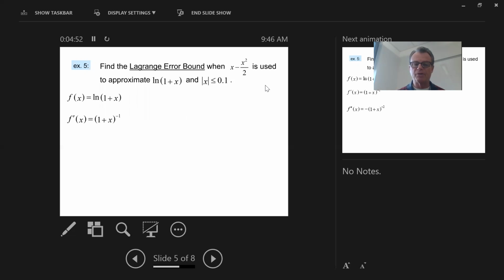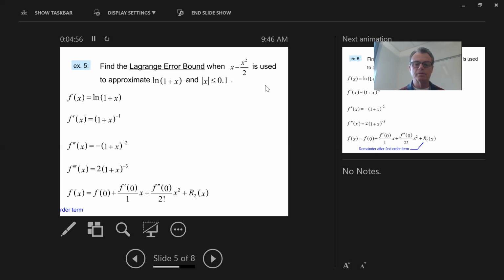So there's the derivative of the function, second derivative, third derivative, which you didn't need the third derivative because they wanted just those 2 terms. So this is saying R sub 2, the remainder after the second order.